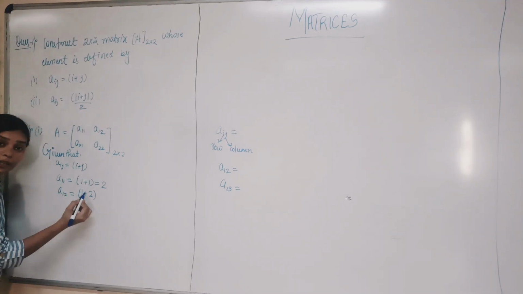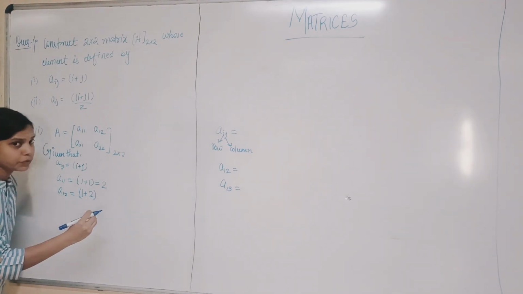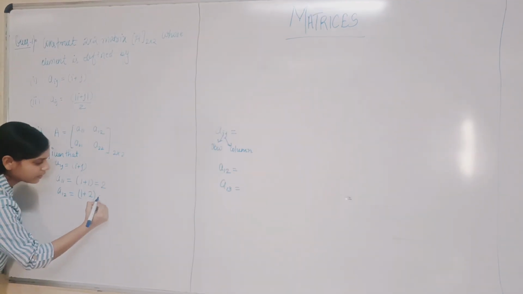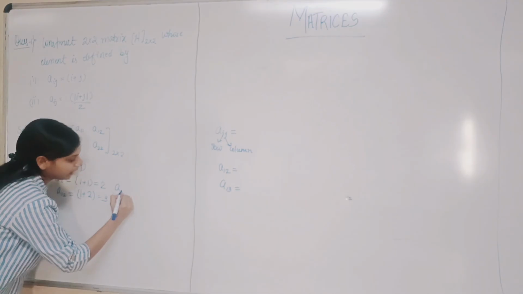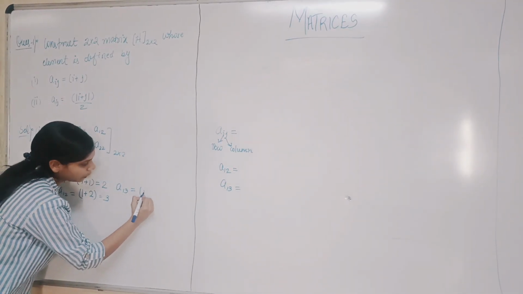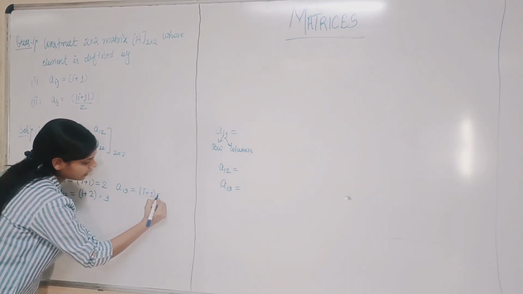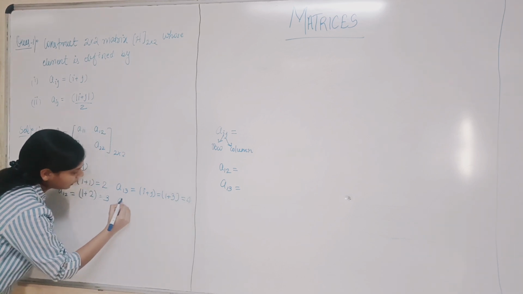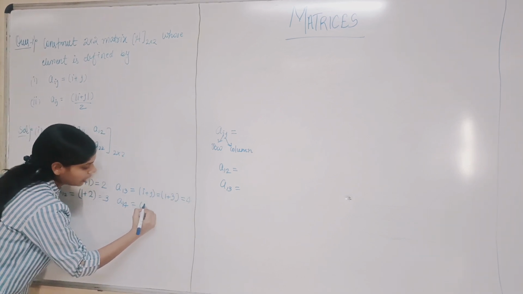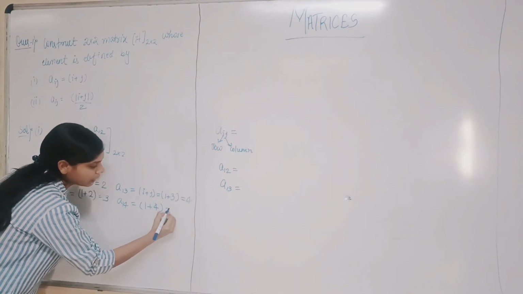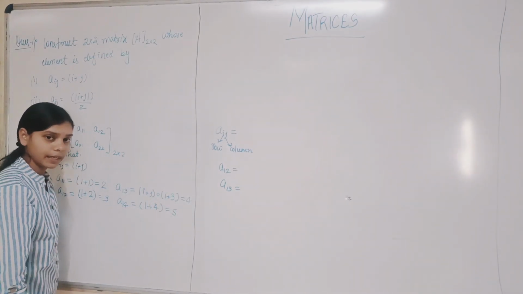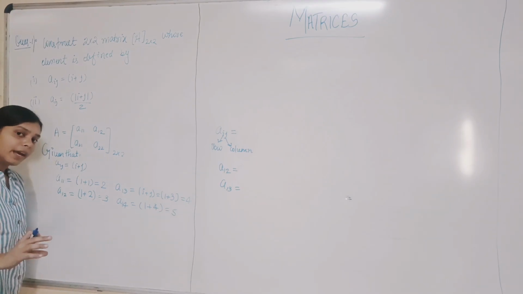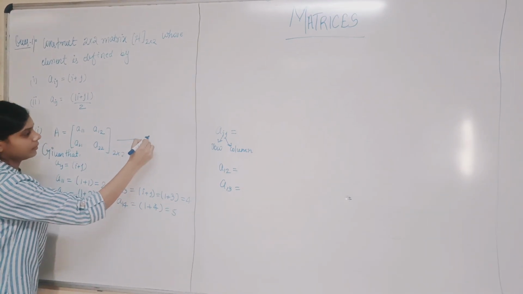In A11 we add 1 plus 1, which gives 2, and in A12 we add 1 plus 2, which gives 3. Right, similarly A13 is equal to i plus j, means 1 plus 3 is equal to 4, and A14 is equal to 1 plus 4 is equal to 5. Clear?